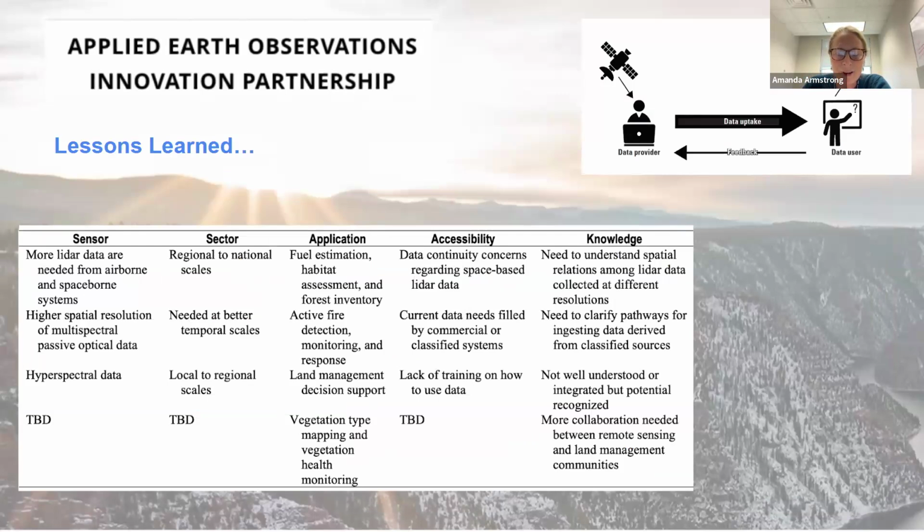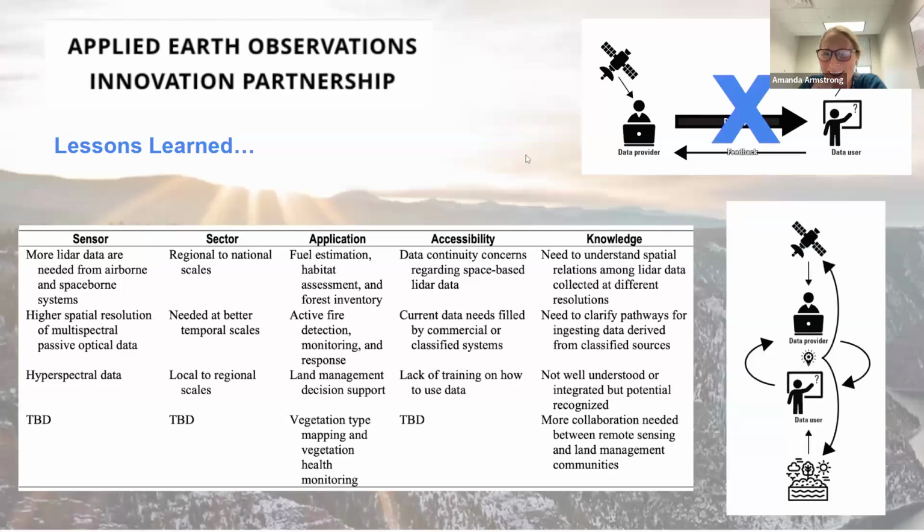There might be a little bit of an animation in there. If you can just click one more time. Yeah. Okay. Sorry about that. At the top right there, there's a big blue X on it now. One of the things that we've learned as a group over the years is the importance of energy flow and information flow. In prior decades, the way that we've approached Earth observation and producing products that the land management community could use has been to have this big flow of information from the providers to the users with not a lot of feedback from the users to the providers.